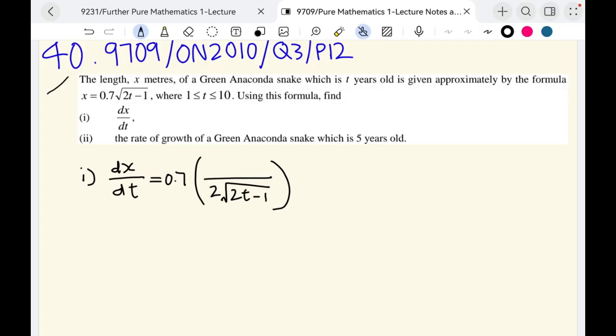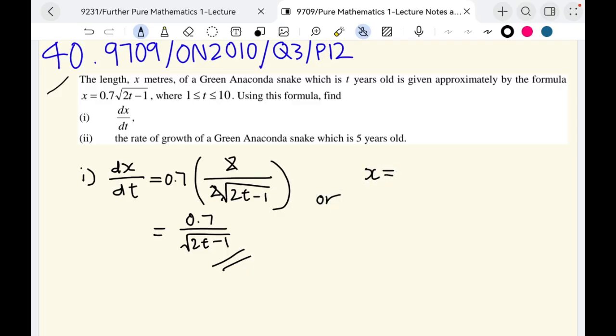Okay, by considering the chain rule, differentiate the inside function, which you will get 2. And then you cancel out. Eventually, you will get 0.7 over square root of 2t minus 1. Okay, this only costs you 1 mark. Or you can treat it like this.